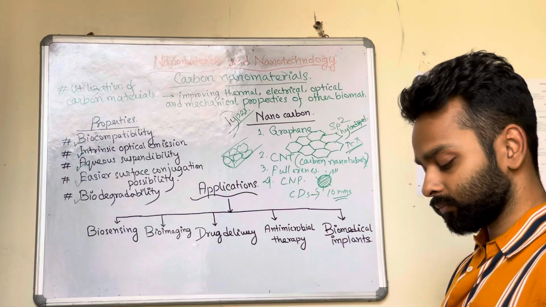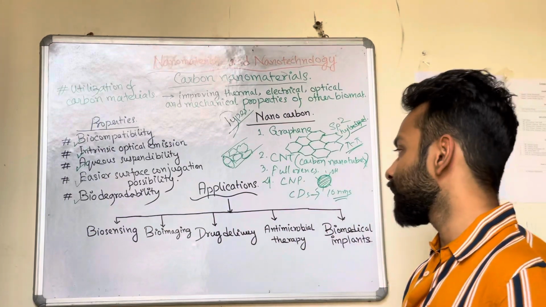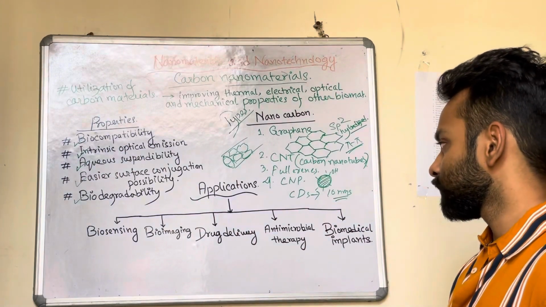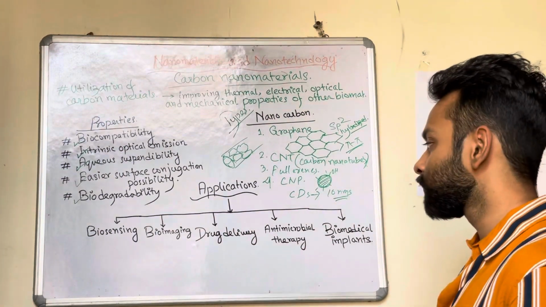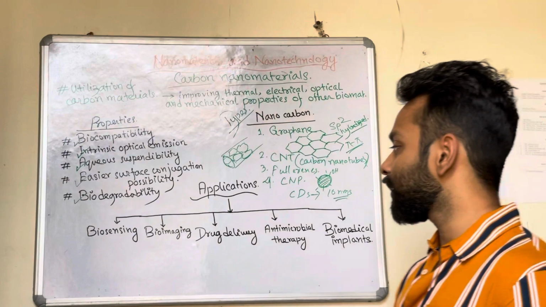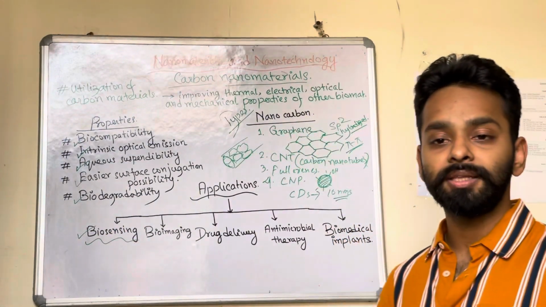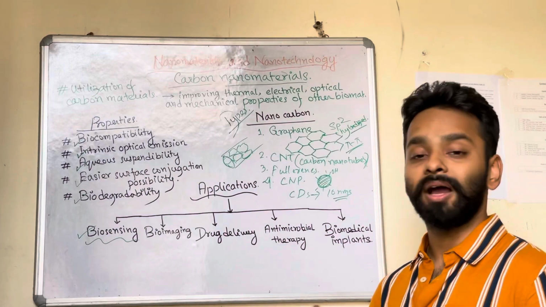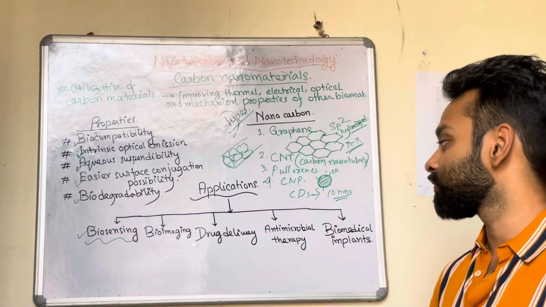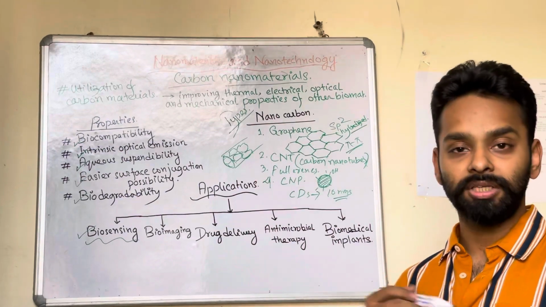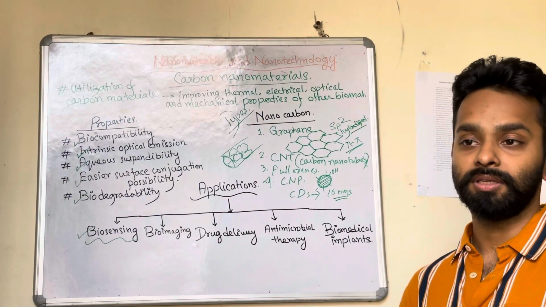So now, coming to the applications of these carbon nanomaterials. As we have discussed some of them, one of the main important applications of these carbon nanomaterials is biosensing. A biosensor is a device which can be used to detect the presence of any biological analyte present in a given system.